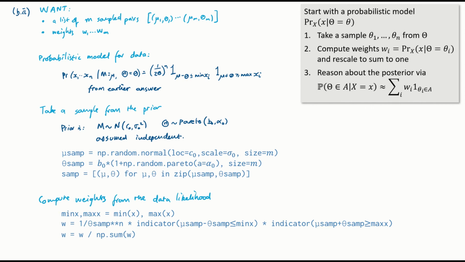In an exam, if you're not used to NumPy vectorized code, I suggest you write it out as a for loop or as a list comprehension statement, whatever you're most comfortable with. Okay, so that's this part of the question. It told us produce a list of m sampled pairs together with weights, and that's what we've just done.